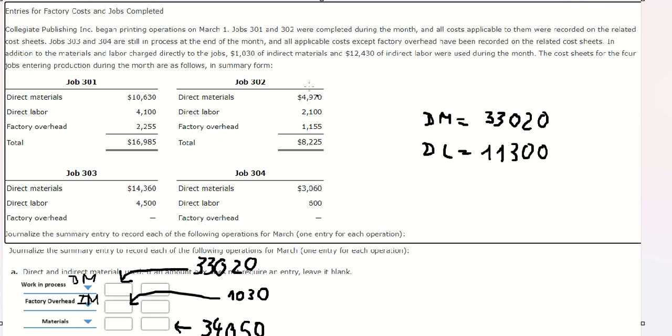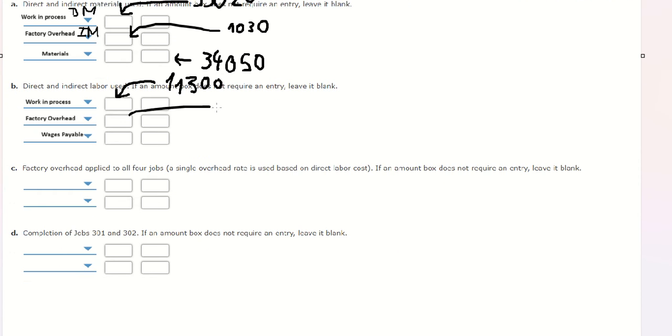And for this one in here, indirect labor. So we sum two numbers together, and this one is about 23,730.